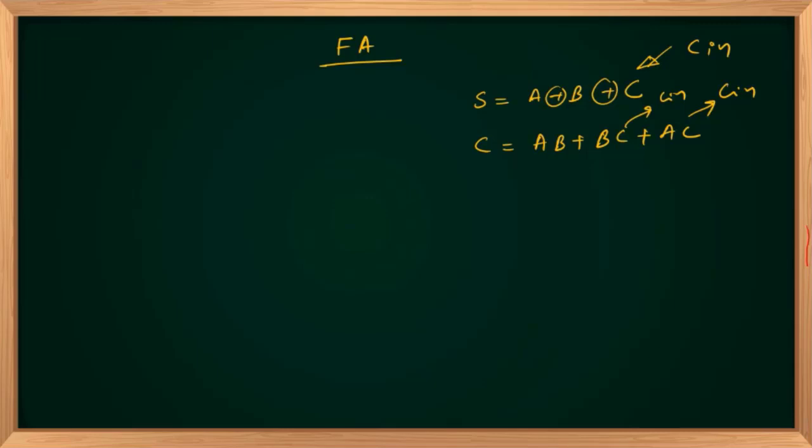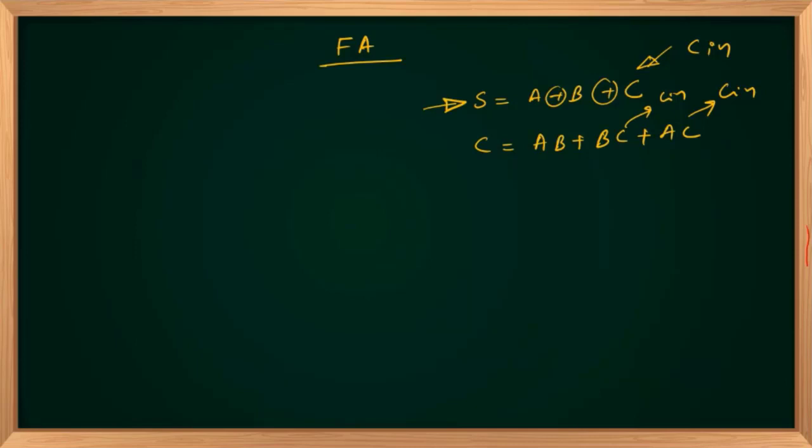So let us see how many gates are required to implement a sum output. Suppose we are implementing the sum output using AND, OR, NOT gates. Let us see how many logic gates are required.